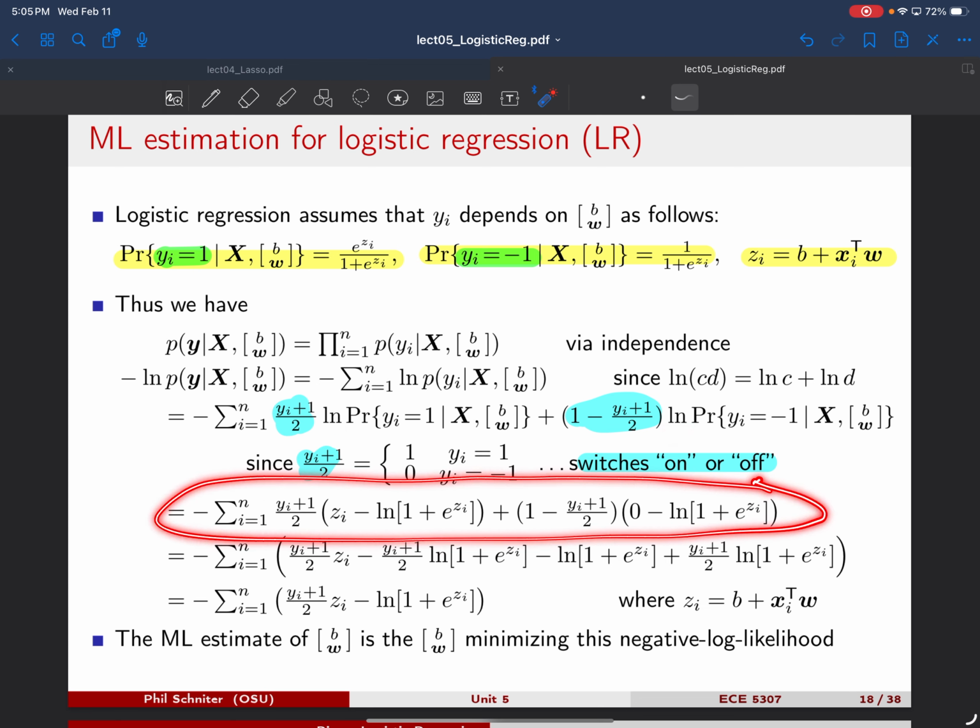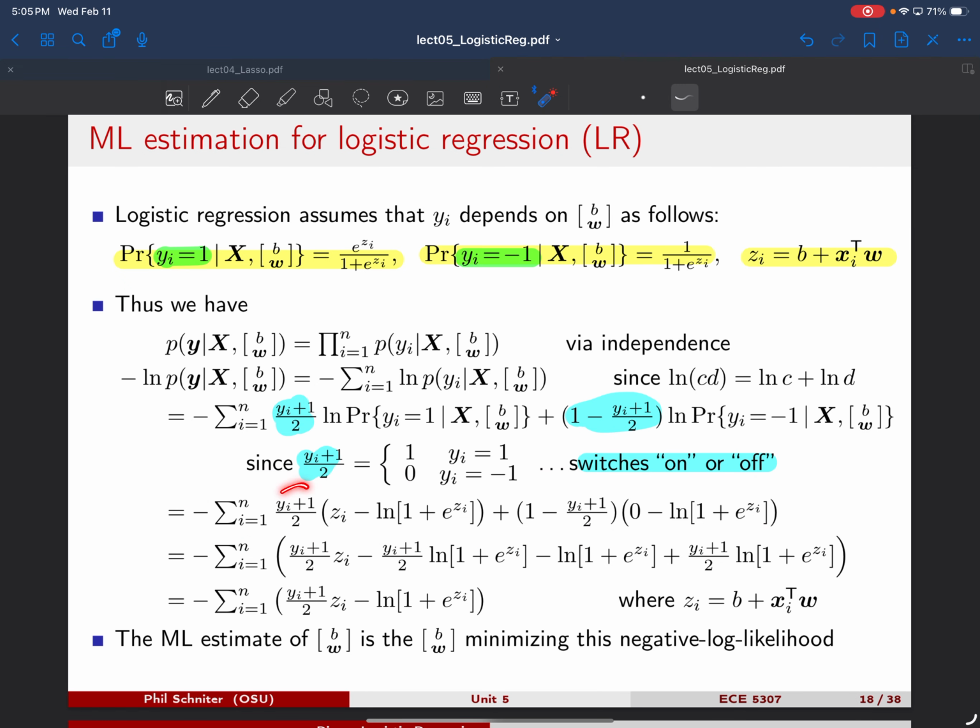Now, the next thing is we just expand out the terms. So we have this times this as the first term, this times this as the second term, this times 0, don't need to include that, and then this times this as the third term over here.